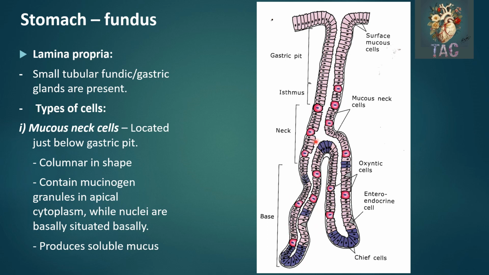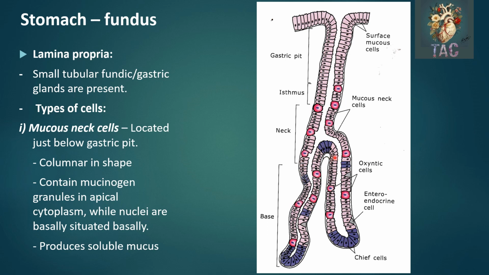So basically 5 types of cells are present in typical gastric glands. Number 1, the mucous neck cells, which are present in the middle and lower part of the neck region. Interspersed in between the mucous neck cells are the parietal cells, which are also present over here.